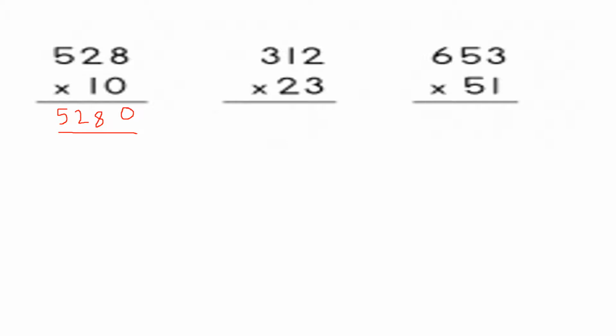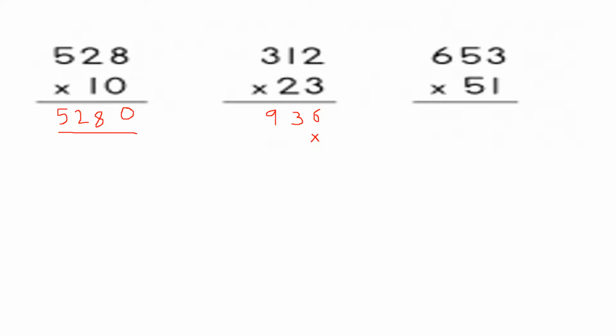Now see the next one. 312 multiplied by 23. First you will multiply 312 with 3. 3 twos are 6. 3 ones are 3. 3 threes are 9. So this you have got. Now you will multiply 312 with 2. Now first put the cross here at ones place because the number 2 is at tens place and we are multiplying it with 312. So we will start writing from the tens place.